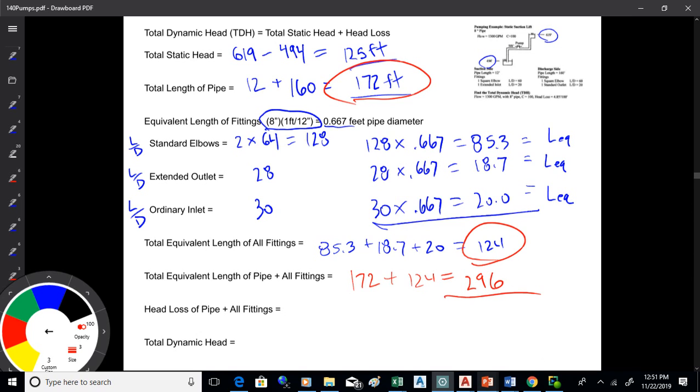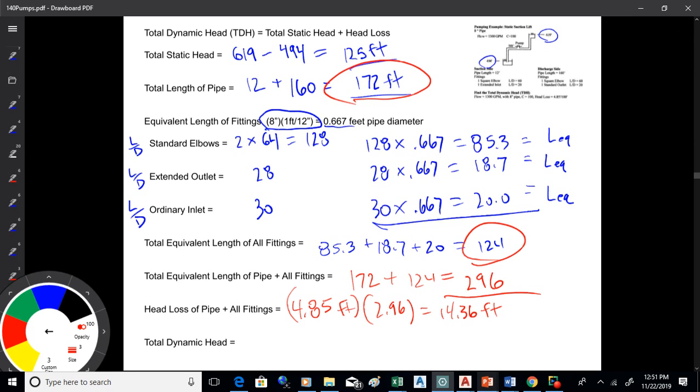So what we have then, if we look at our flow, 1,300 gallons per minute through 8-inch pipe, that's 4.85 feet per 100. And we got 2.96 100-foot lengths. So that's 14.36 feet. So that's the head loss you're going to get running the water through that system.